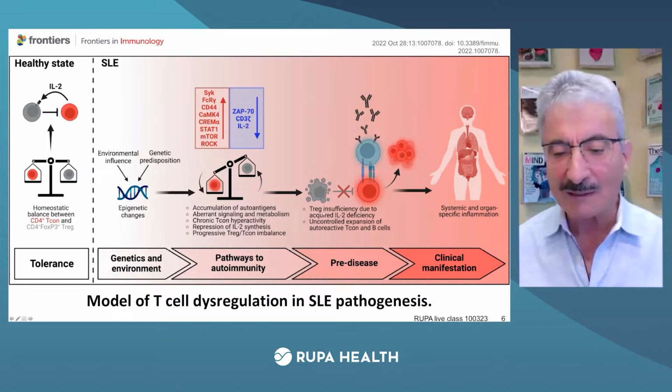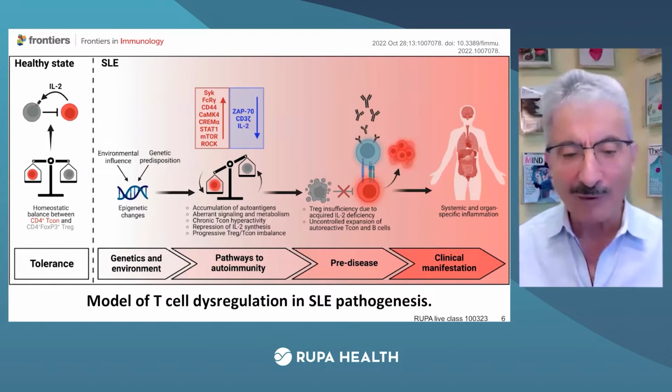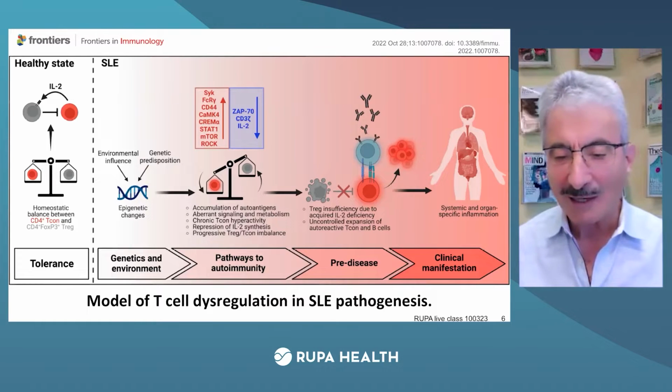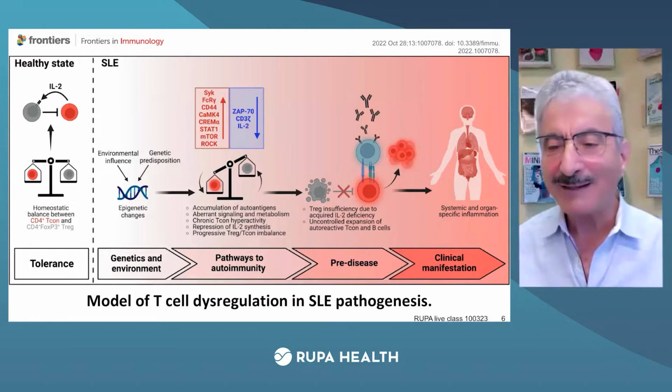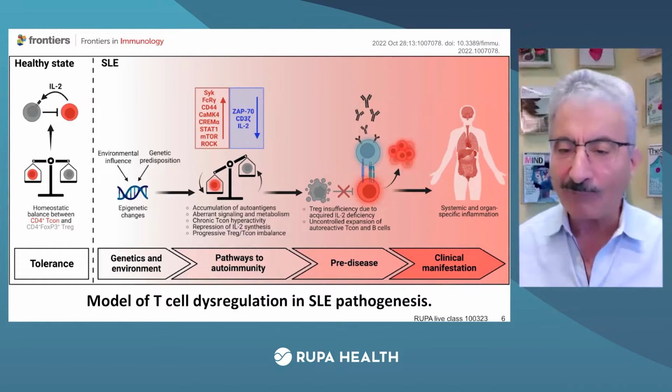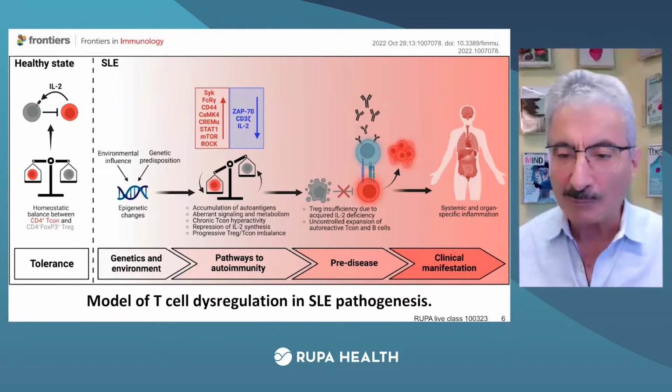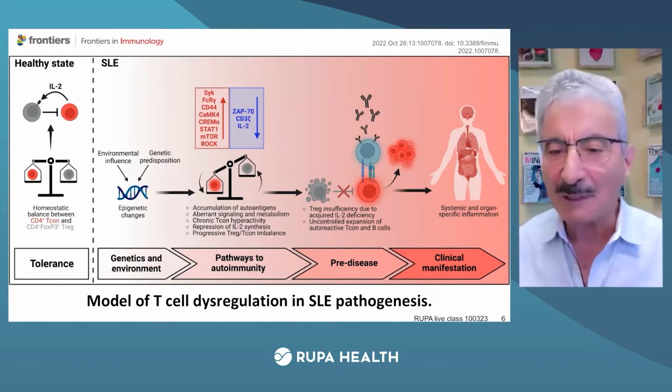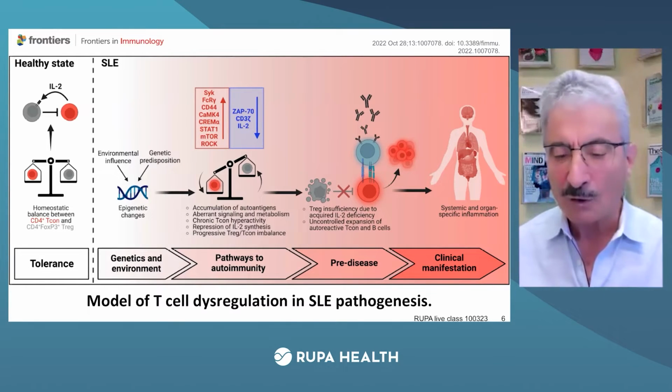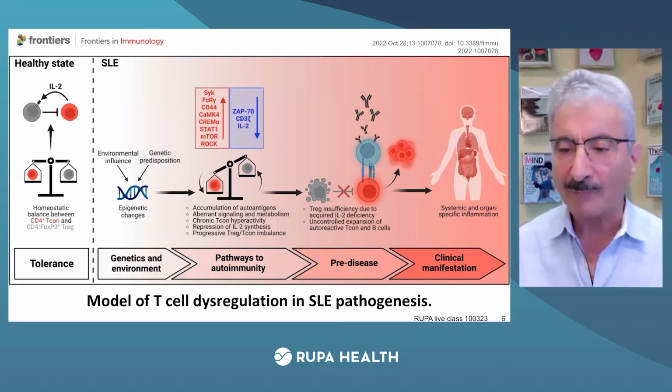Furthermore, if this continues, meaning Treg insufficiency due to low level of interleukin 2 causes uncontrolled expansion of autoreactive T helper 1, which are involved in autoimmune diseases. Also T helper 17, which is not in here, could be autoreactive.